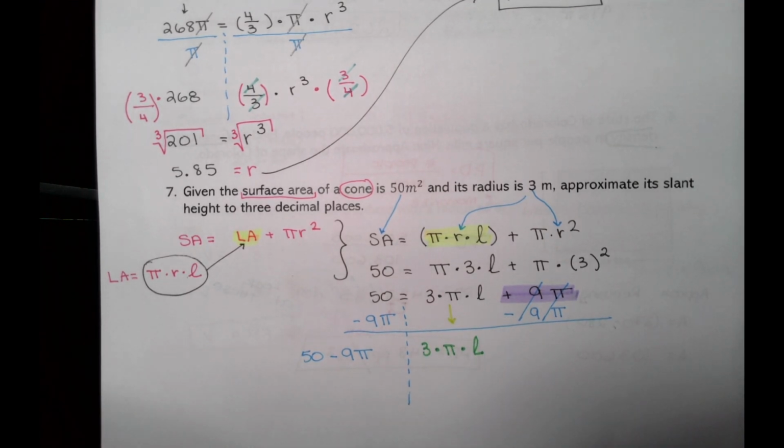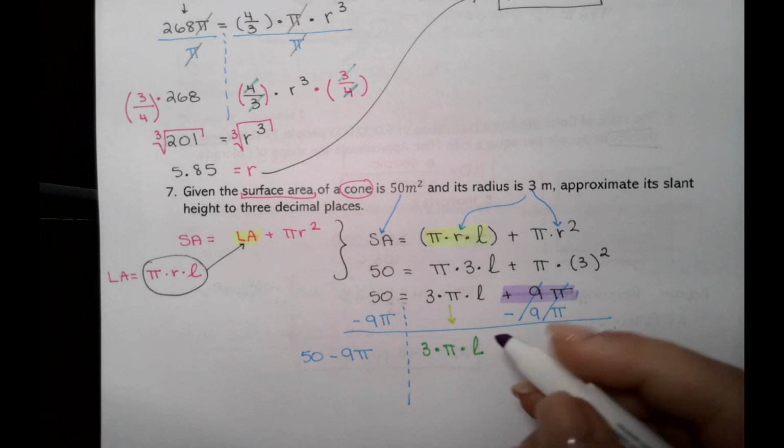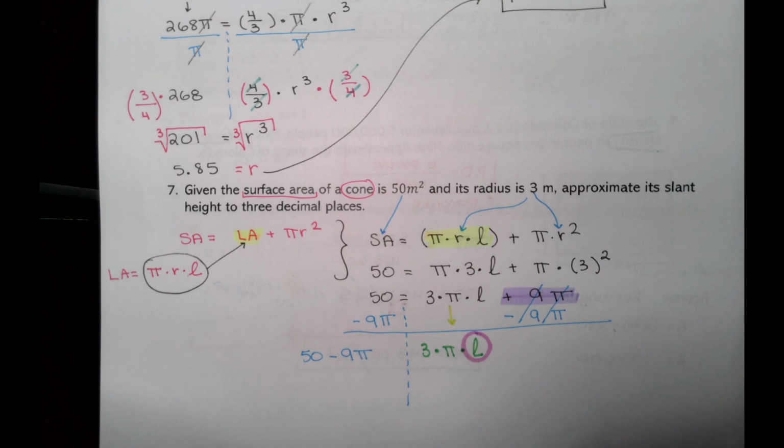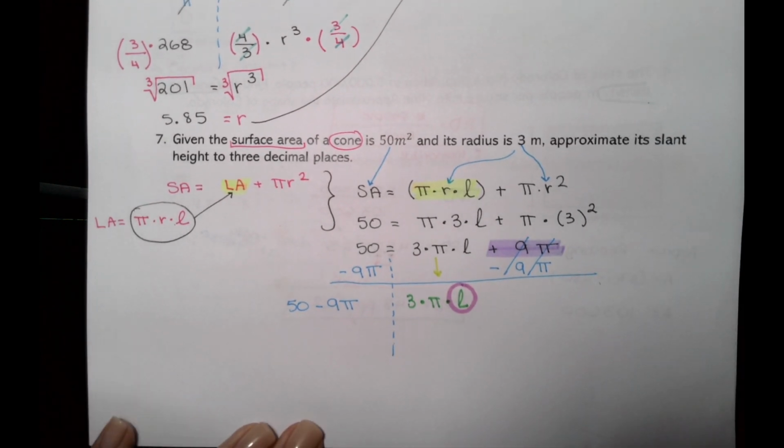And since we are trying to solve for the slant height, we're going to keep the slant height, and instead we're going to divide by that 3 pi.